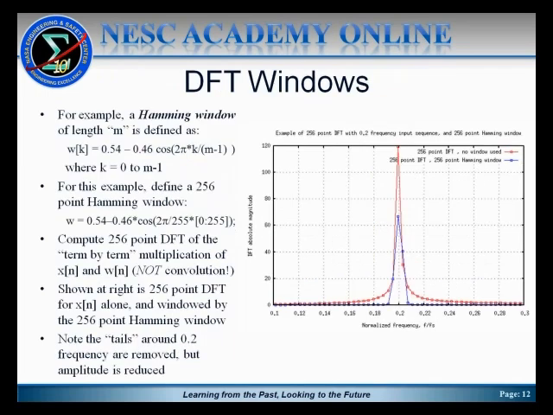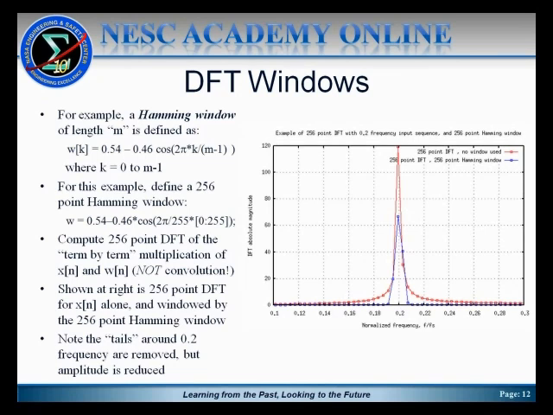For example, one common example of a window is a Hamming window, and that's a very specific function as shown in the equation here, where I'll calculate the elements of the window w sub k, which run with indices from 0 to some length m minus 1, and its function is 0.54 minus 0.46 cosine 2 pi k over m minus 1, where m is just the size of the window.